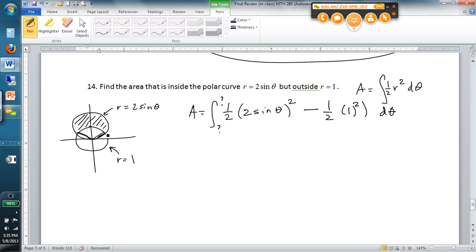It's where they intersect, isn't it? Set them equal. So 2 sine theta equals 1, sine of theta equals 1/2. What are the thetas there? Pi over 6, and over here would be 5 pi over 6. So those are going to be my limits.